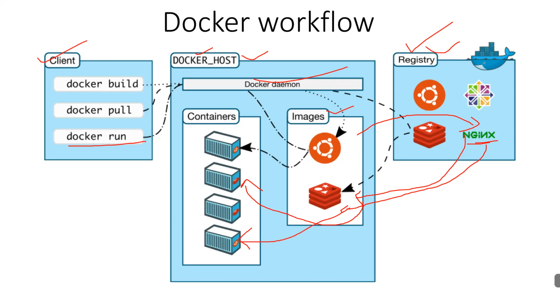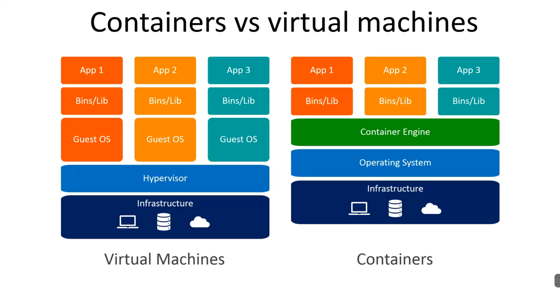So let's understand container versus virtual machine. It's a very important thing also. This is the concept of a virtual machine. This is the infrastructure, like our RAM and hard disks.